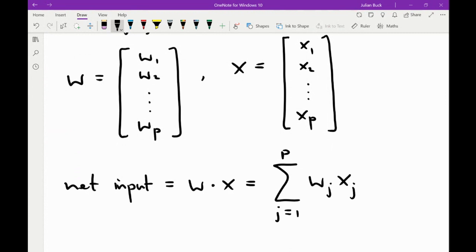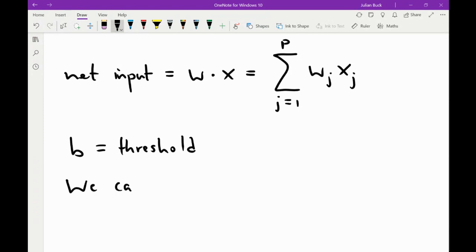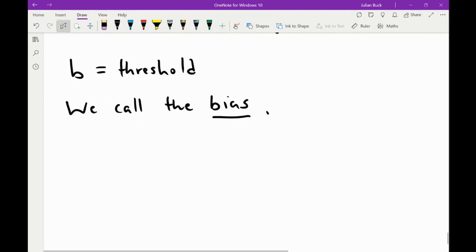And as we were doing in our example, let's use b for the threshold. But as I alluded to, we call this the bias. So then we can rewrite this a bit.